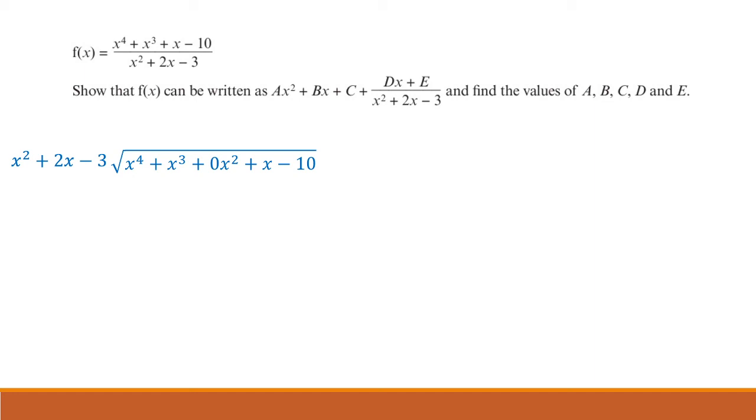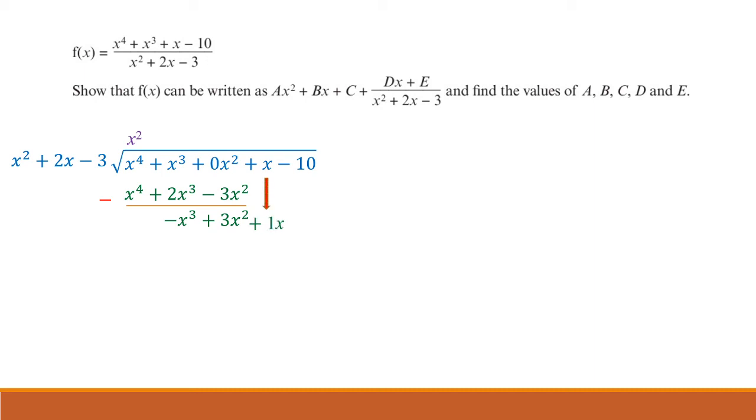Now let's get that x to the power 4 by multiplying x squared plus 2x minus 3 by x squared. That gets us x to the power 4 plus 2x cubed minus 3x squared. Subtract that out to get the remainder and bring down the next term.